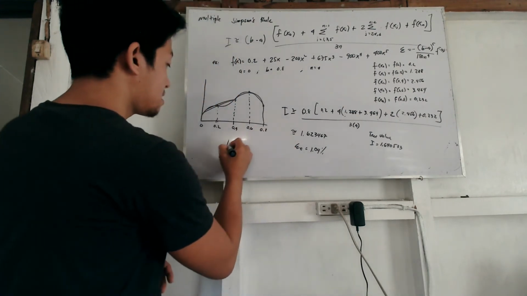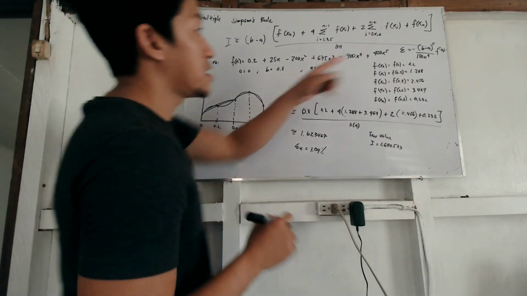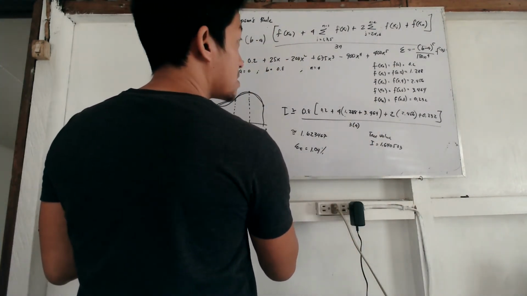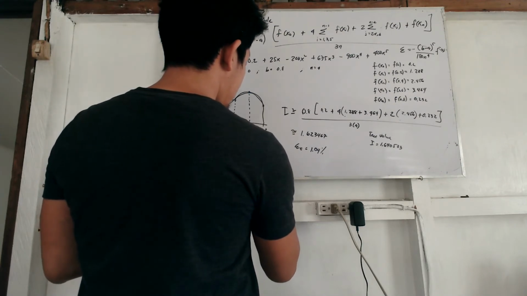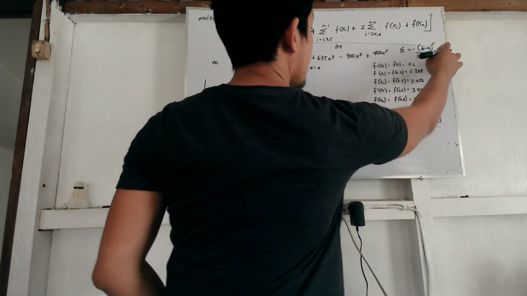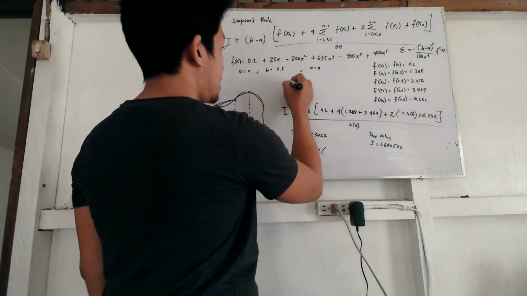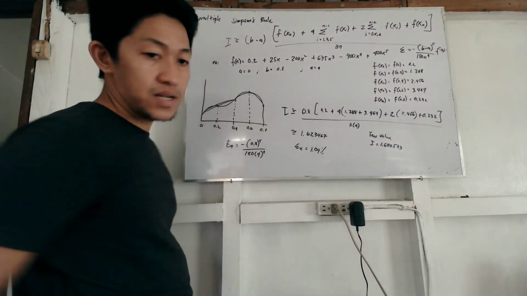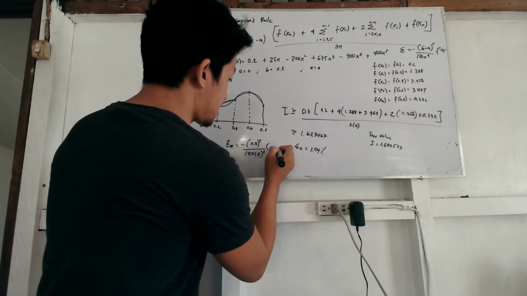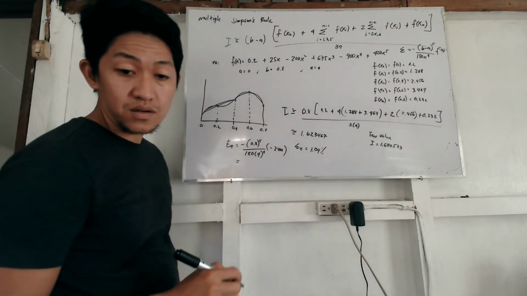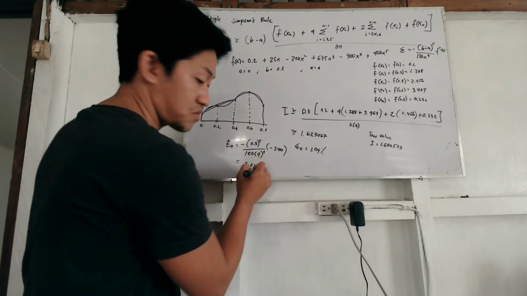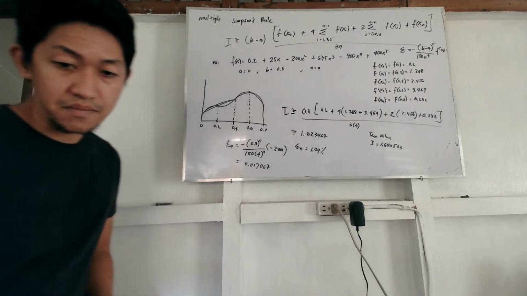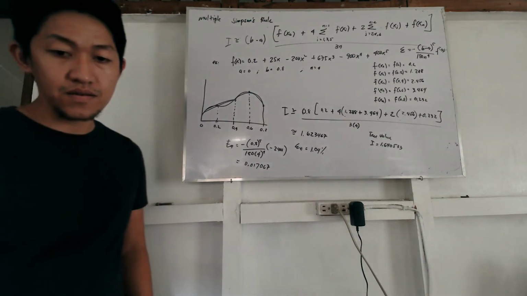Now for the approximate error, again we'll use this function: negative 0.8 to the 5, over 180 times 4 raised to 4, times the average value of the fourth derivative, which we already got earlier, negative 2,000. So the approximate error is 0.017067. So it is very small. Okay?